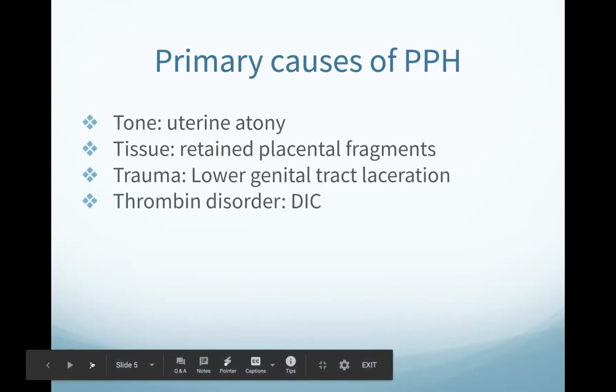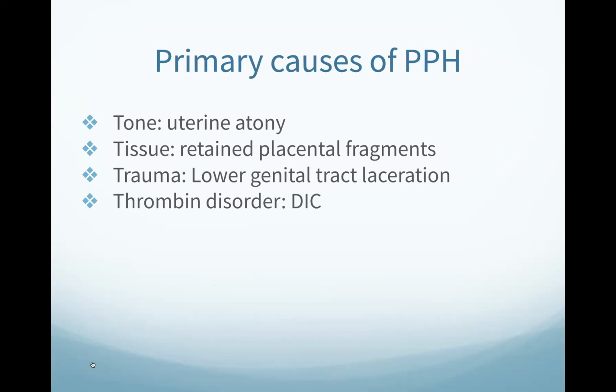So the primary causes of postpartum hemorrhage is what I call the 4 T's. I'm sure you've heard of that before when you were doing your readings. You have tone, tissue, trauma, and thrombin disorders. So what do you think of when you think of tone?